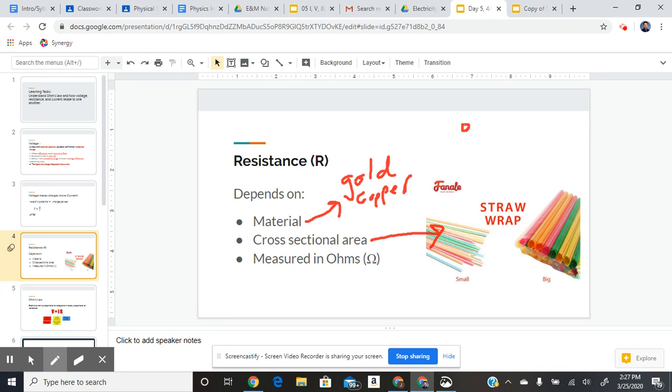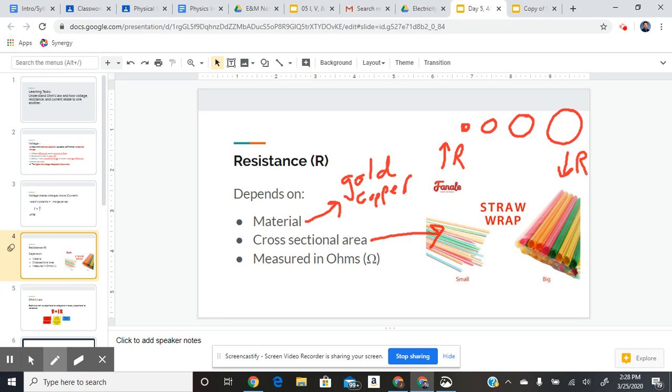So if you have a really small wire, that's a really small gauge wire, right? And the bigger the cross-sectional area of the wire, the bigger the gauge. So the smaller the gauge of the wire, the higher the resistance is going to be. These ones would have a really high resistance, and over here the bigger gauge would have lower resistance.